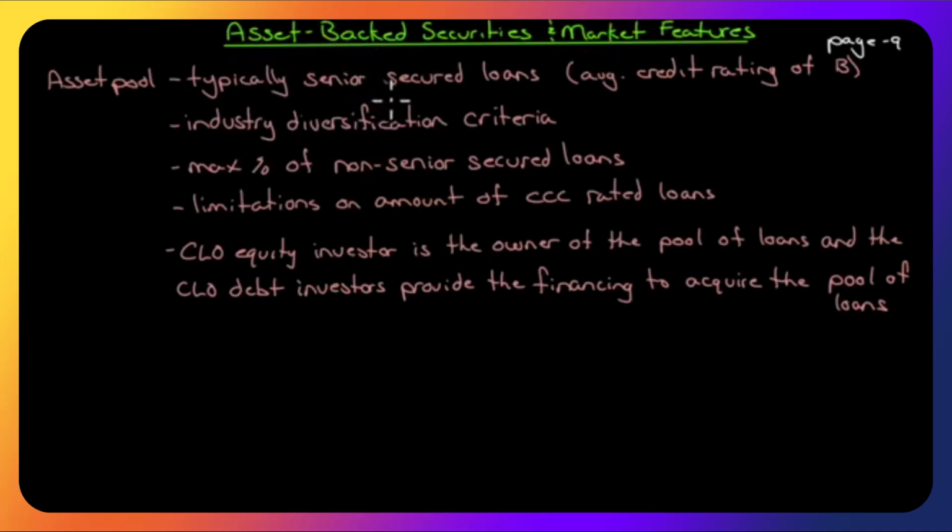The asset pool is typically senior secured loans, average credit rating of B. There will be an industry diversification criteria, such that a maximum of X% in any one particular industry. A maximum percent of non-senior secured loans, because it's typically senior secured loans, but it can include some non-senior secured loans, a maximum percentage of that, and limitations on the amount of CCC rated loans.